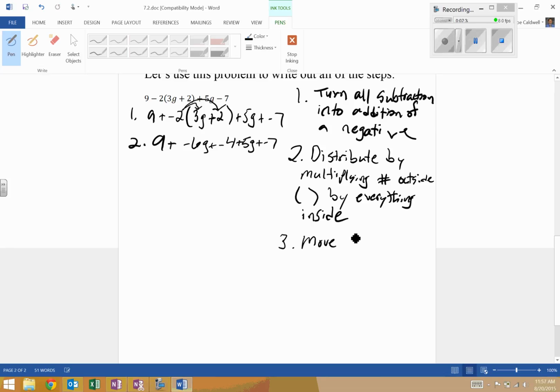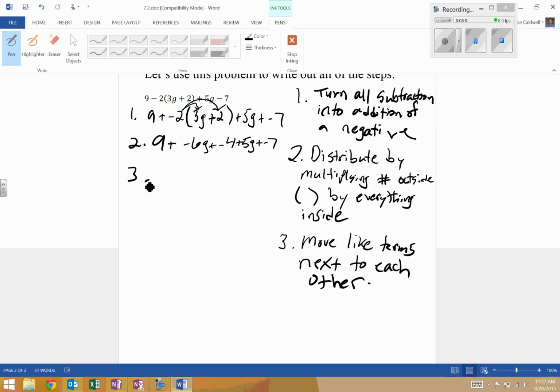Okay, so next, move like terms next to each other. Move all the like terms next to each other. So that's step 3. Get all the numbers next to each other, get all of the variables next to each other.